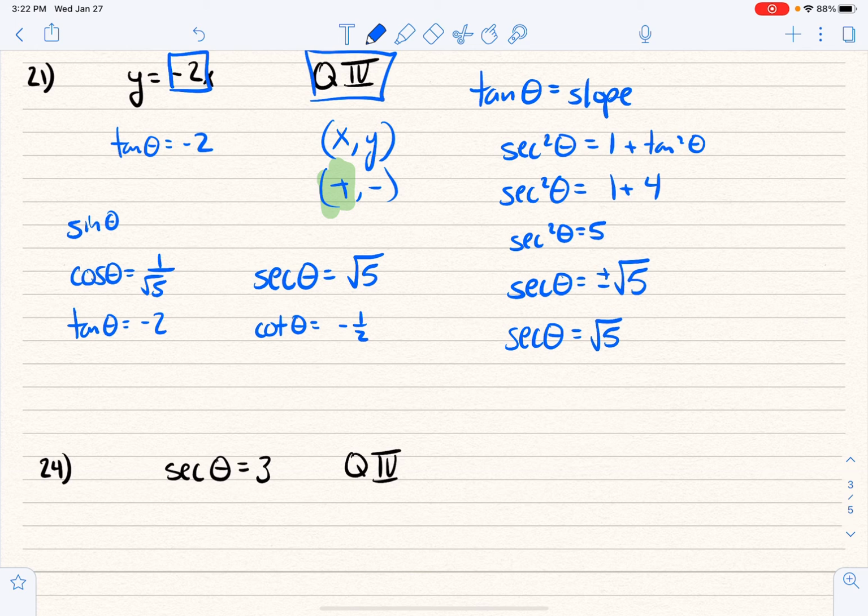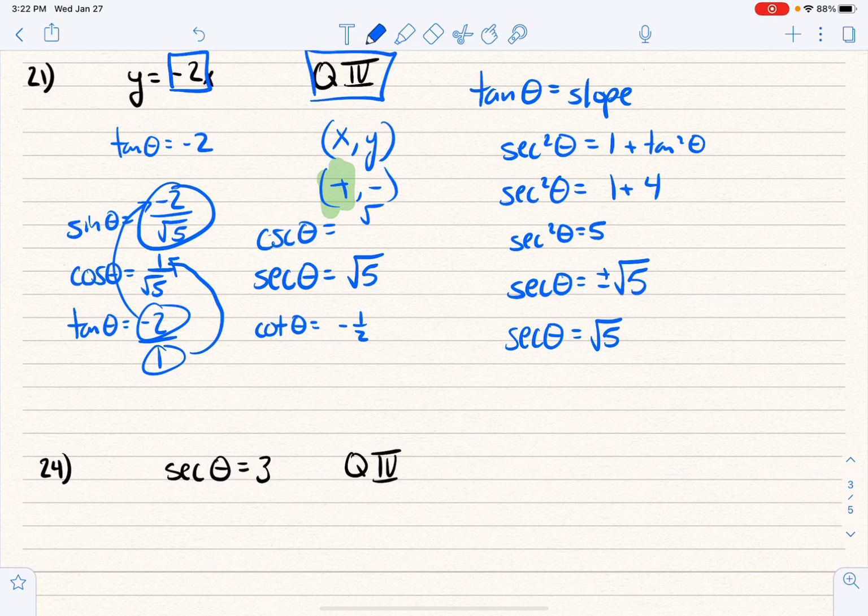I know sine theta has the same denominator as cosine theta. So it's going to be square root of 5 on the bottom. And if this one's going to be negative 2 over 1, if this numerator showed up right there, then this shows up right here. Okay? And then, therefore, my cosecant theta, I flip this, and I get square root of 5 over negative 2.